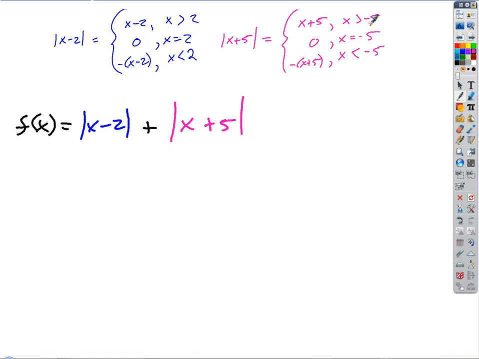For values of x less than -5, the pink function is going to be defined like this, isn't it? Right? How is the blue function going to be defined for values less than -5? It's going to be that, isn't it? Yeah. Because the blue function for any value less than 2, it always looks like that, right? Yeah, I'm seeing it.